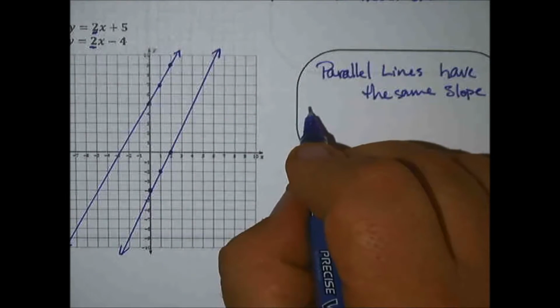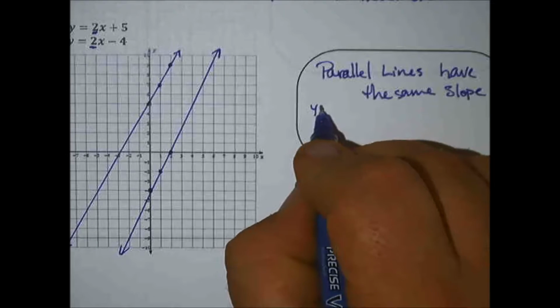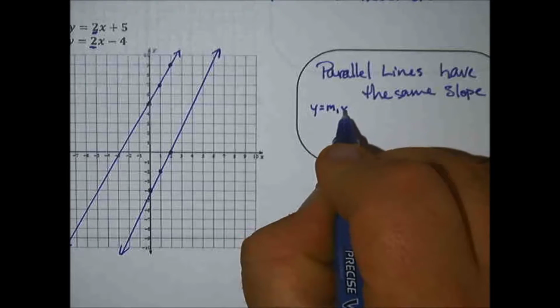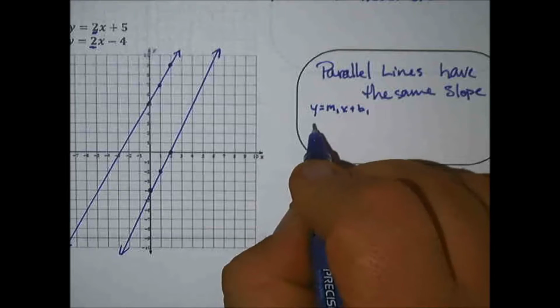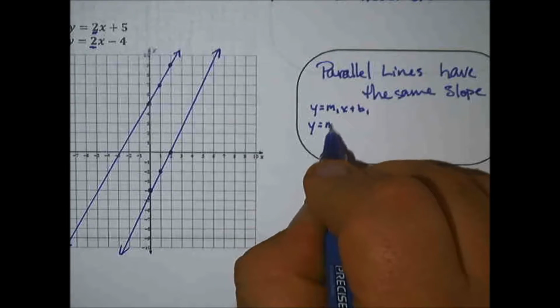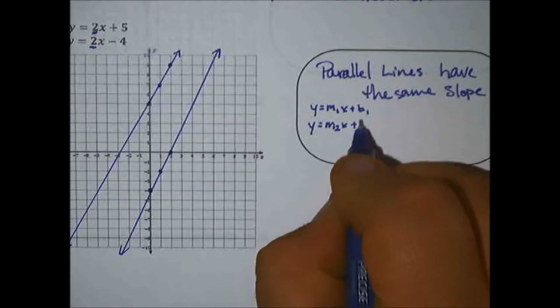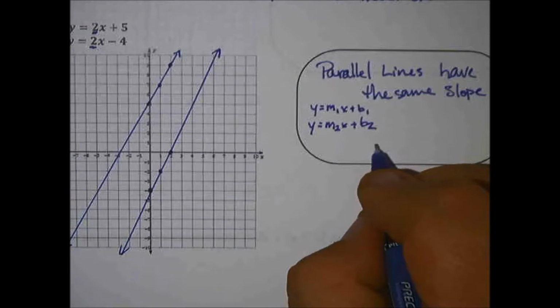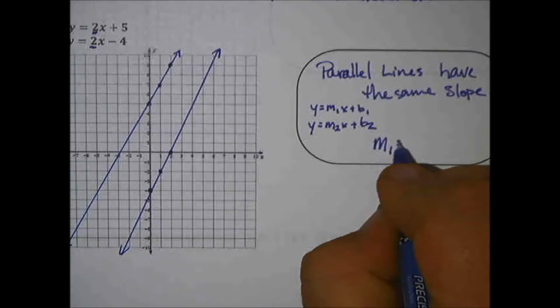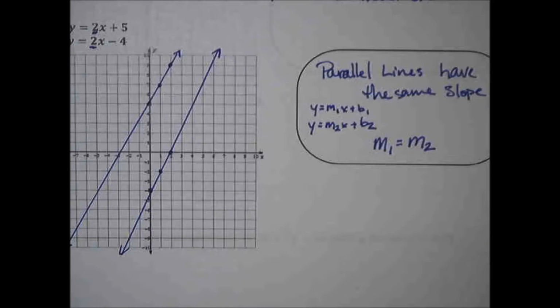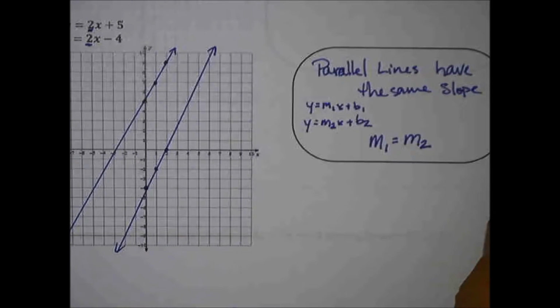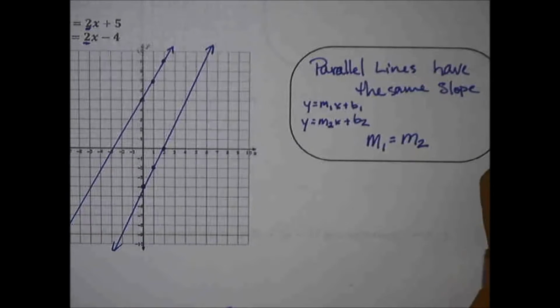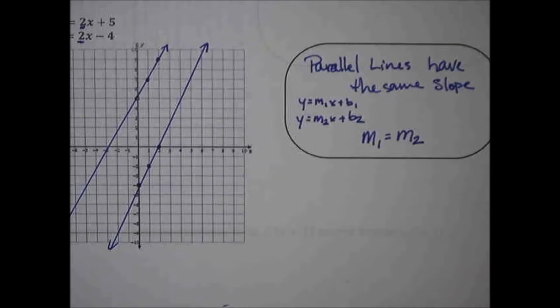So if I have two lines and I'm saying they're parallel, y equals m1x plus b1 and y equals m2x plus b2, then m1 equals m2. Just saying that their slopes are equal, and that's kind of what that rule says. But parallel lines have the same slope.